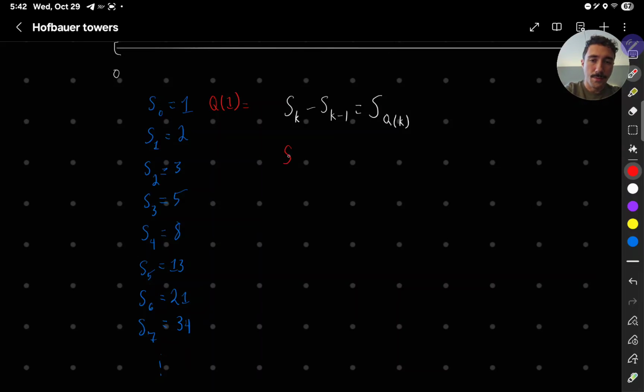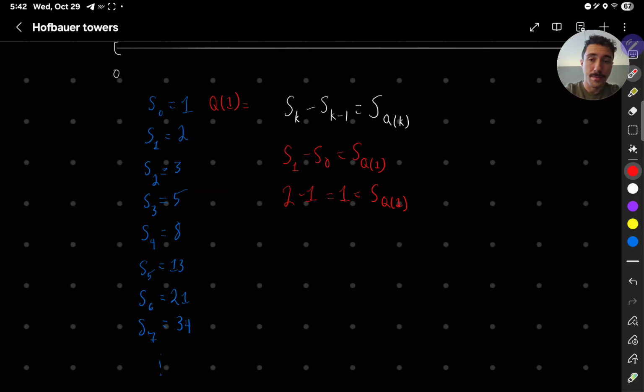Well, you have this. k is 1. k minus 1 is 0. So q1 should satisfy this. Well, s1 is 2. s0 is 1. So that's 1. So that's what s_{q1} has to be.